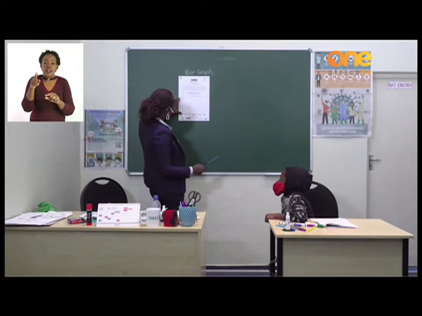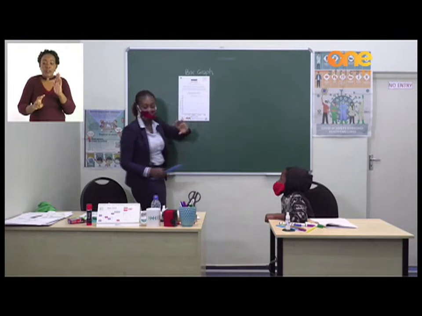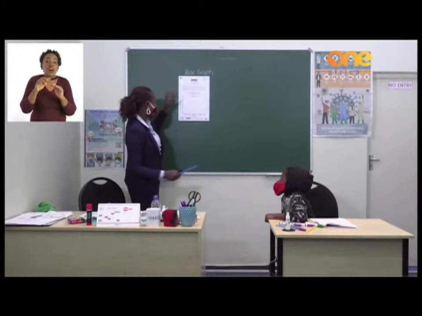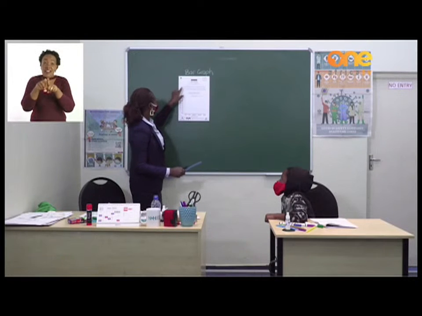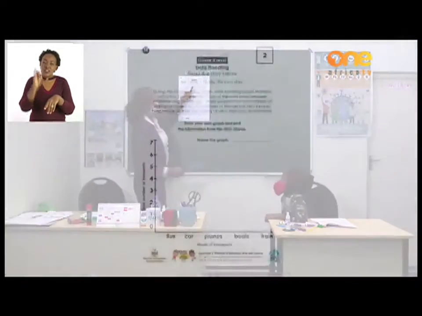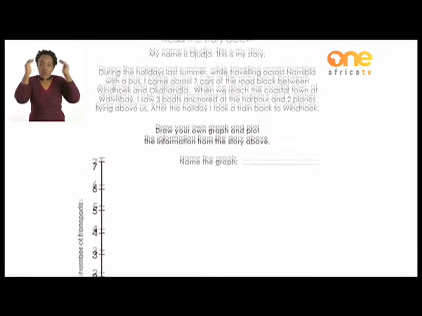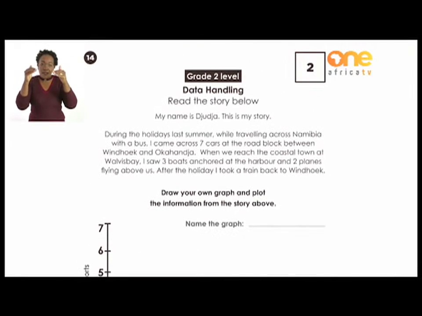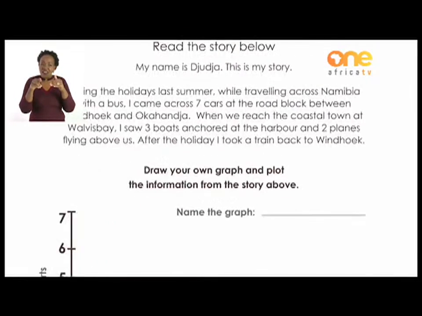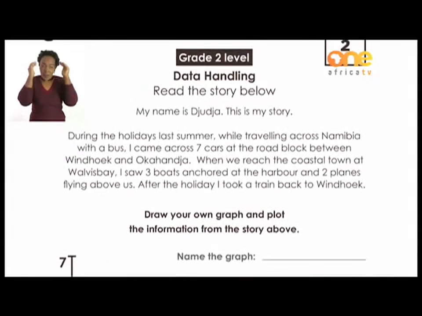Let's read the story, and whilst we are reading, we'll be drawing the graph. During the holidays last summer, whilst traveling across Namibia with a bus, which means one bus.